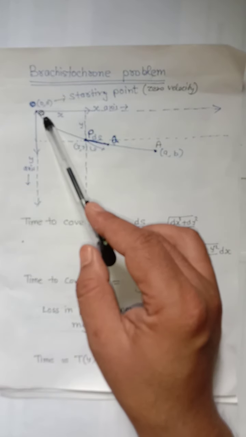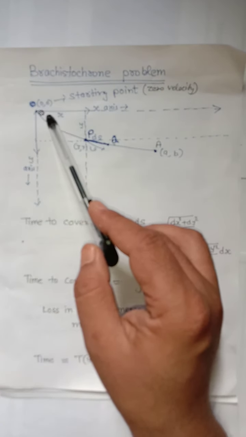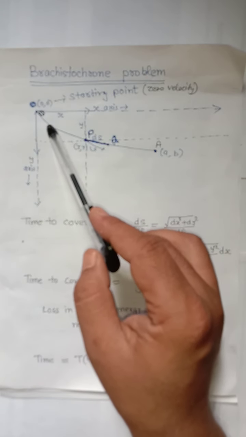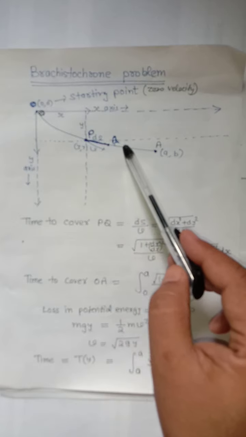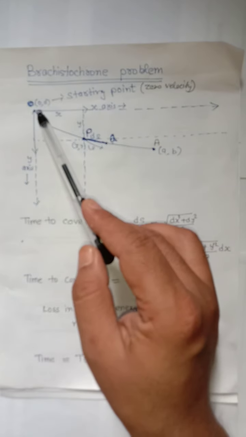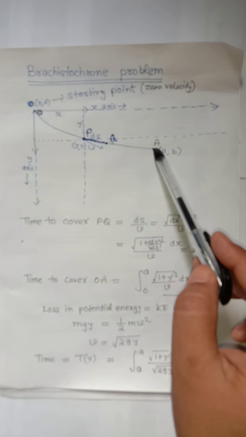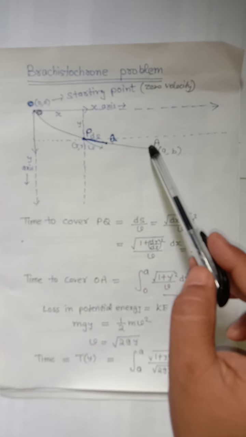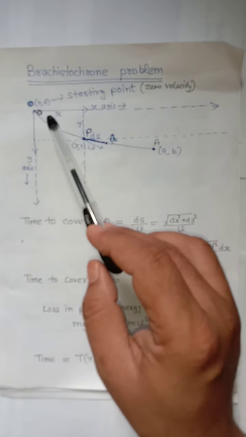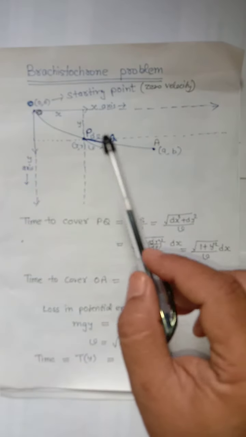This is the starting point of the bead, where it has zero velocity, and this bead has a free fall and it has to move to point A. The basic problem is that I have to find out that curve moving along which the time taken will be minimum. This means time should be minimum.